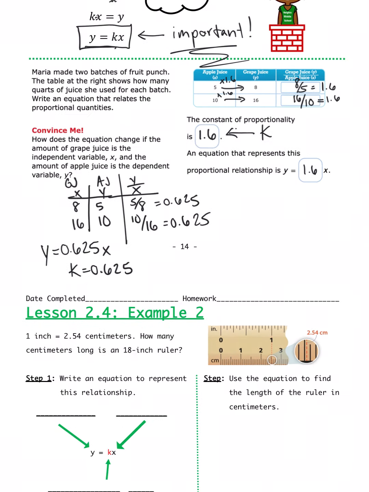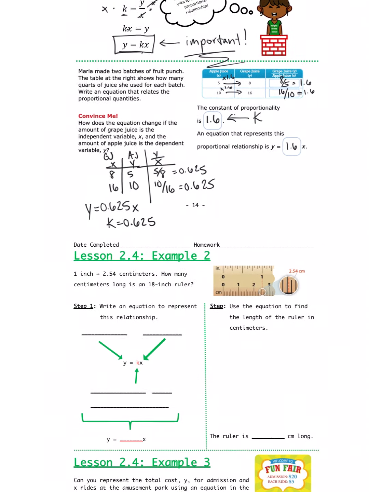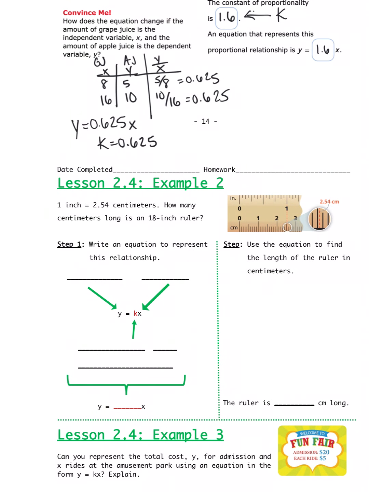So let's go on to example 2. It says 1 inch equals 2.54 centimeters. How many centimeters long is an 18-inch ruler? First we're going to write an equation to represent the relationship. In order to do that, we need to know what is our y, what is our k, what is our x. Remember up here it told us our independent variable is going to be our x. For this one, our independent variable is going to be inches because that's our 1.